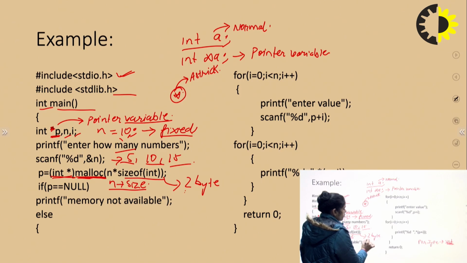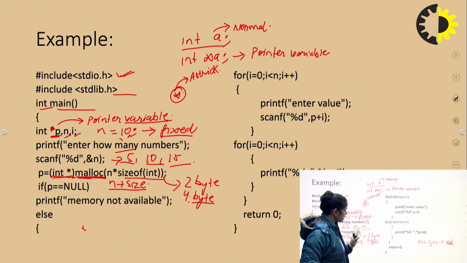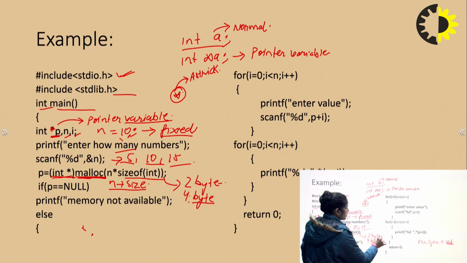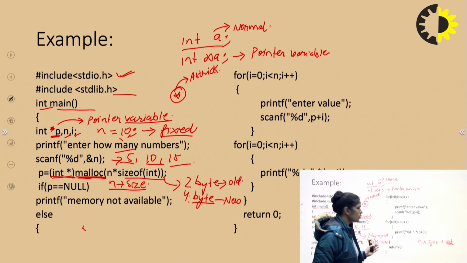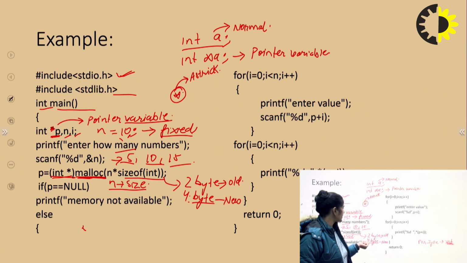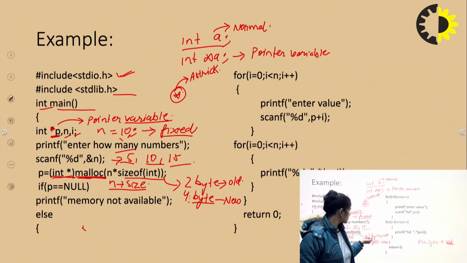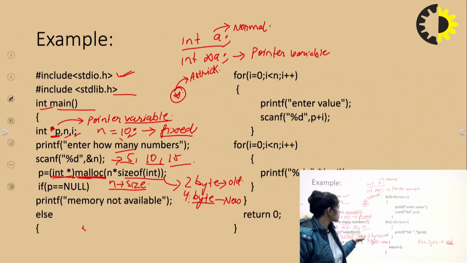This also varies with the operating system or compiler. You may see that here the size of int is considered as 4 bytes. It is the old and new case: with the new operating systems, an integer is considered 4 bytes, while with the old operating systems, the size of an int variable is considered 2 bytes.